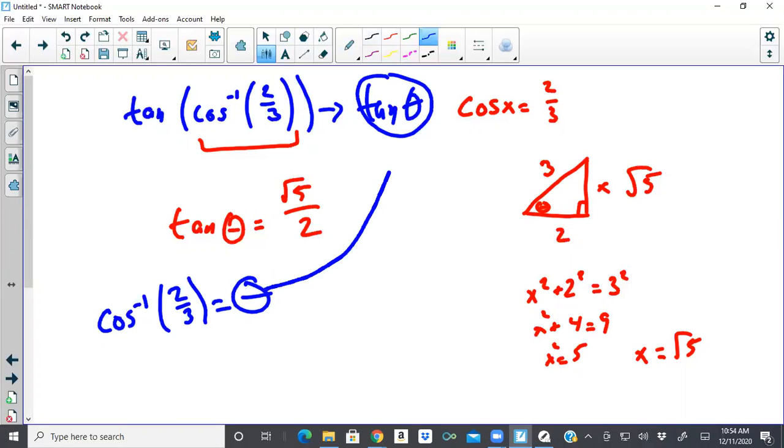So this is the thing that gets plugged into right here. So the inverse cosine of 2/3 is an angle. It's that angle right there. And I'm using the tangent of that angle to figure out the exact value of what that tangent actually is. Does that answer your question at all? Yeah, that makes sense. Okay, cool.